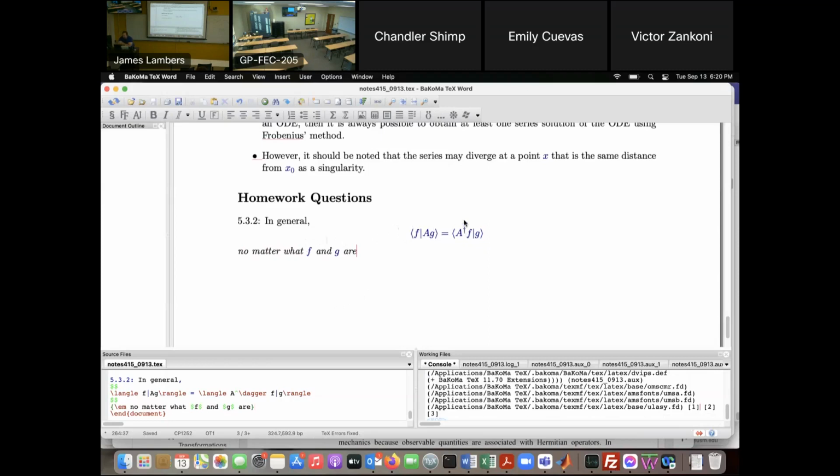So if you have multiple operators involved, like you do in this problem, then you want to move one operator at a time.